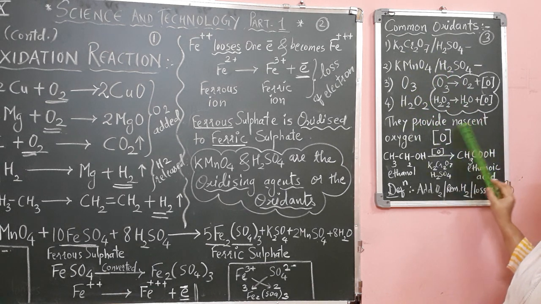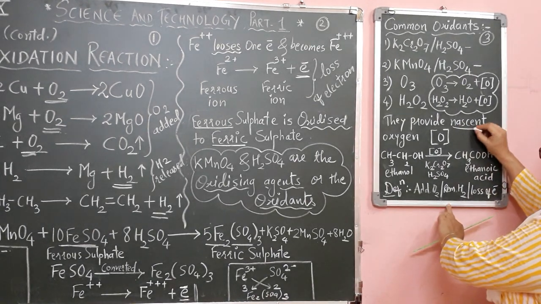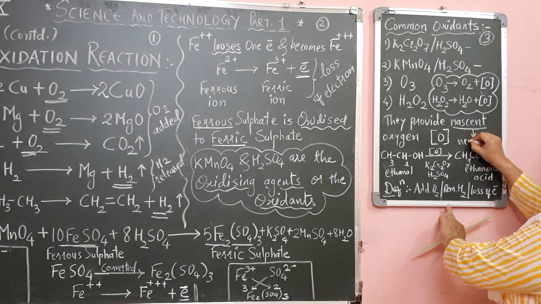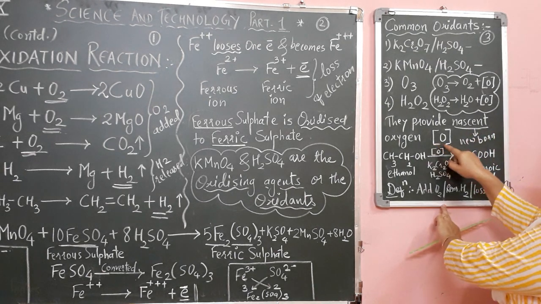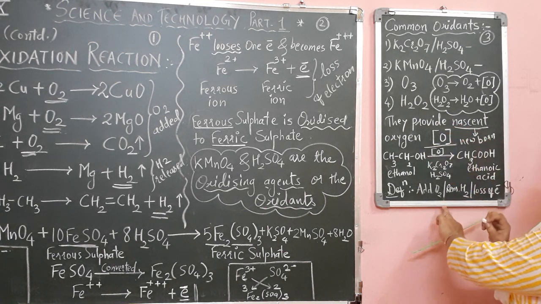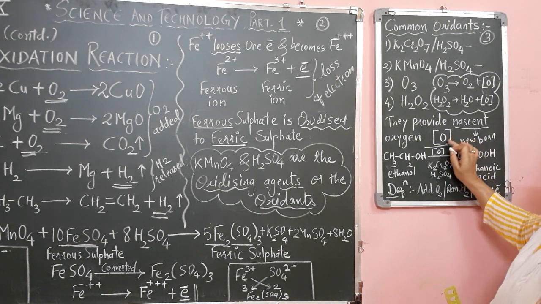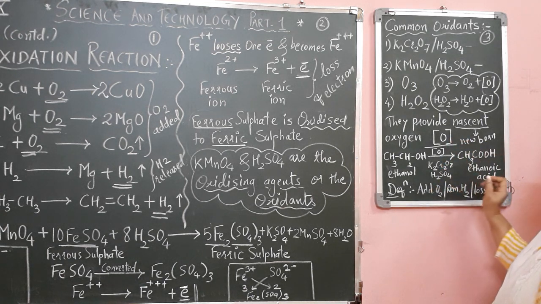They provide nascent oxygen. Now nascent means just born or newborn. It is newly born oxygen, and it is represented as [O] in a square bracket. And this is very reactive, and so the oxidation is carried out.